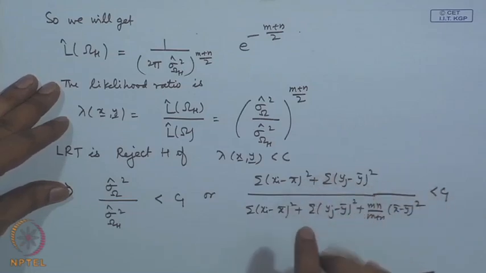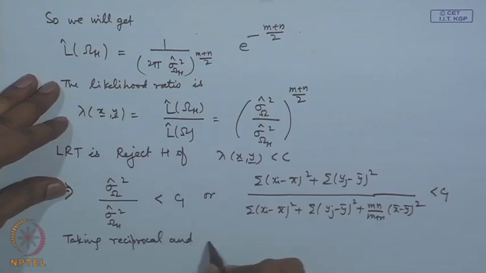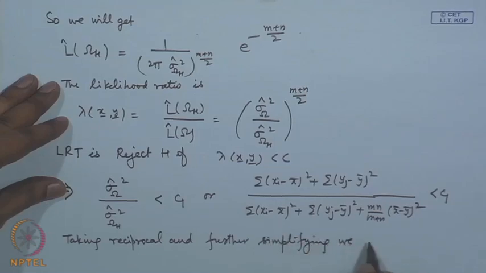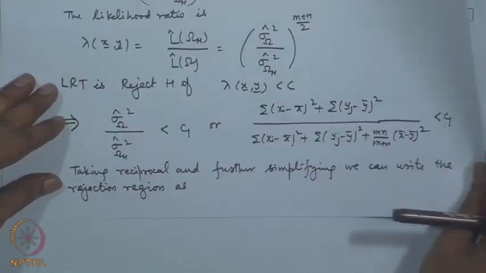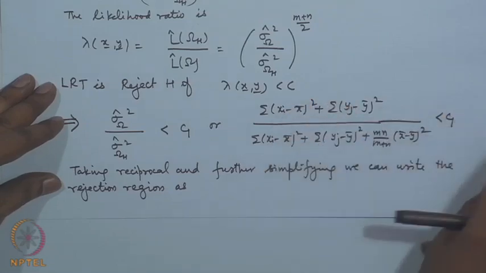So, I can take the reciprocal of this inequality and, further simplifying, we can write the rejection region as follows. When I take the reciprocal, this comes in the numerator and I divide by this full term, I get 1, then I take it to the other side.